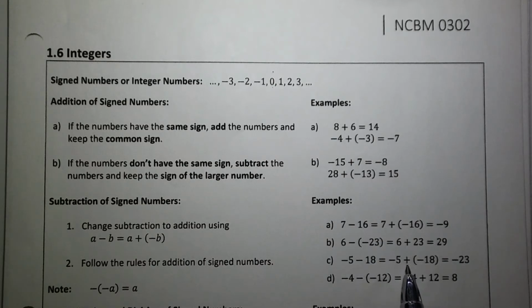Now we have the addition of two numbers with the same sign. If we want to add two numbers with the same sign, we add them. In this case, 5 plus 18 is 23, and we keep the same sign, which is negative.